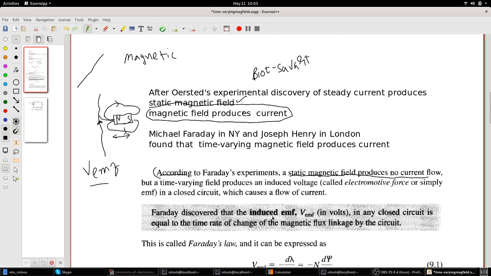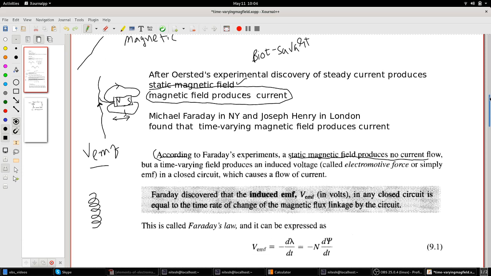Faraday discovered that the induced EMF in any closed circuit is equal to the rate of change of the magnetic flux linkage by the circuit. So think about this. Let's just say there is an inductor here.